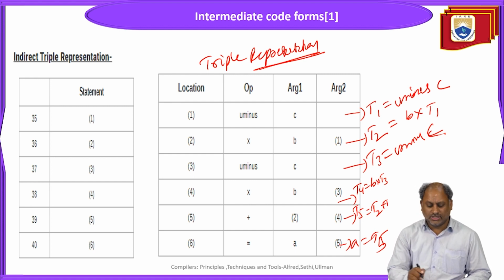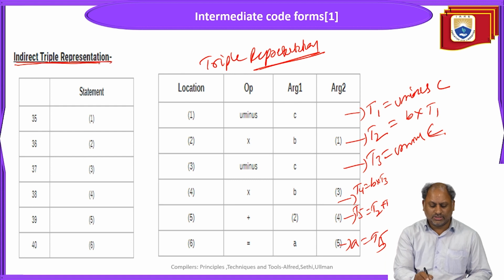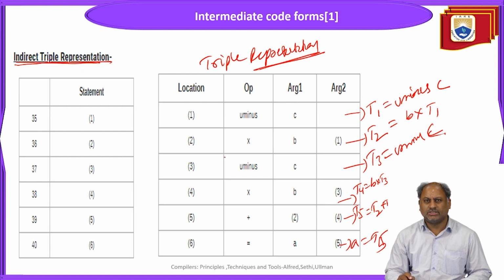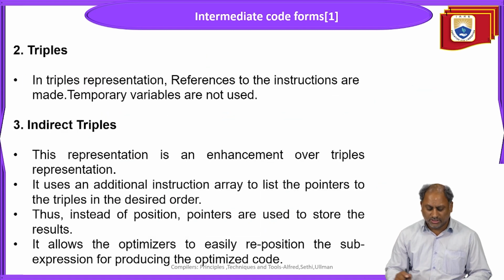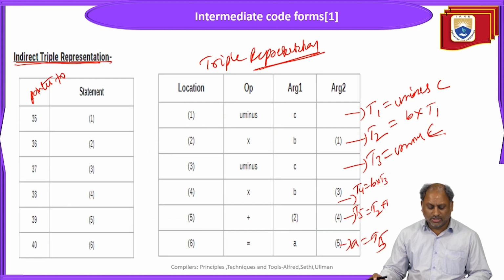Now in the case of indirect triple representation, now that we know the triple representation, what happens? We have to take a memory address, that is a pointer to a reference instruction. So here it is saying that we have to take an additional instruction, a pointer to the triple representation. So we are going to use a pointer to store that result.